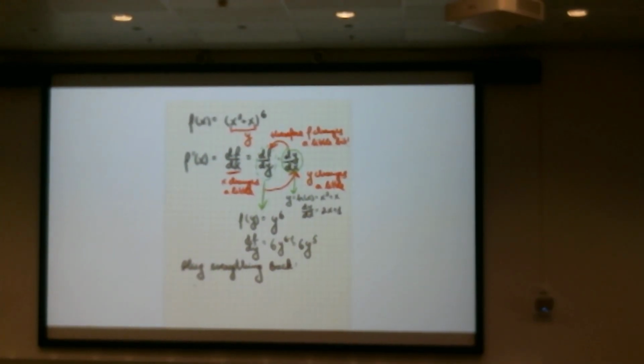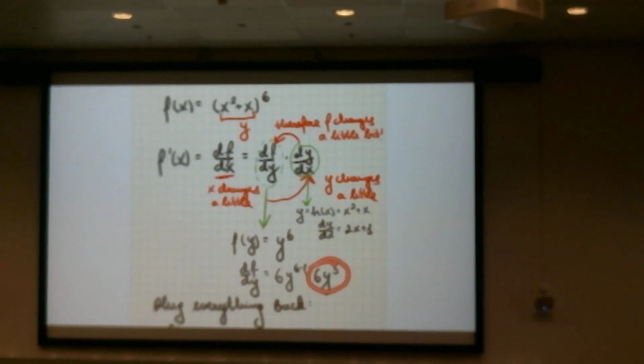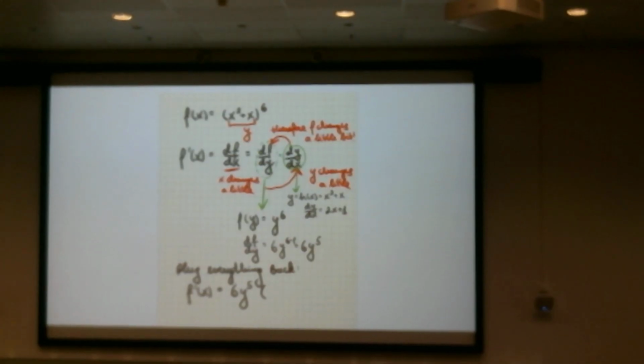Plug everything back. The derivative of f of x is equal, the first part, so this guy, 6 times y to the power of 5. So we can just write it. And then we multiply by the derivative of y, the inner guy, 2x plus 1.